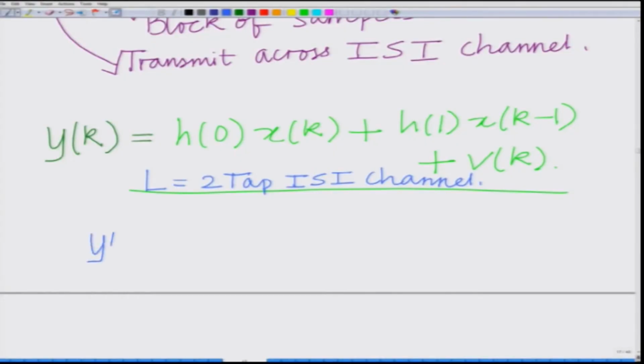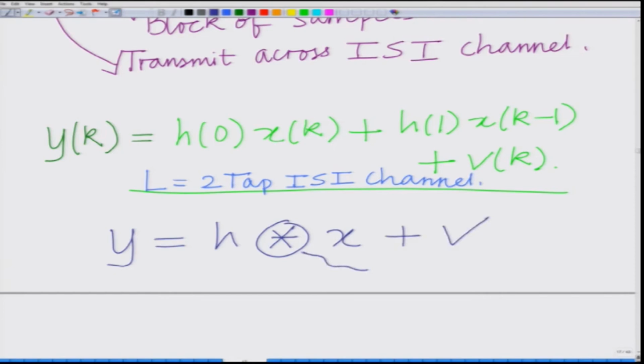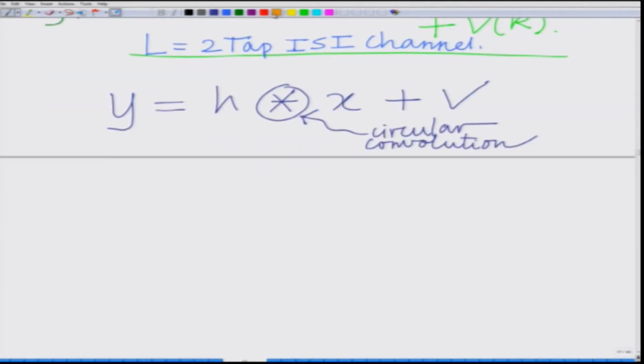So, the output y is the circular convolution of the channel with the transmitted samples plus the noise, and that is what we have also seen yesterday, and in the previous modules, that is y equals h circular convolved with x plus noise, and it is important to remember that this is the circular convolution in the time domain for the samples.